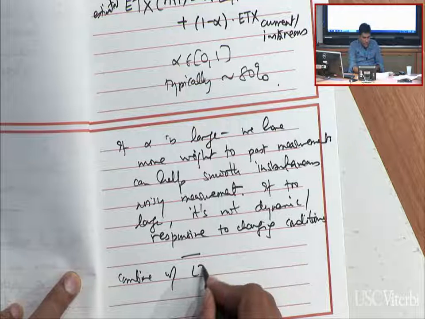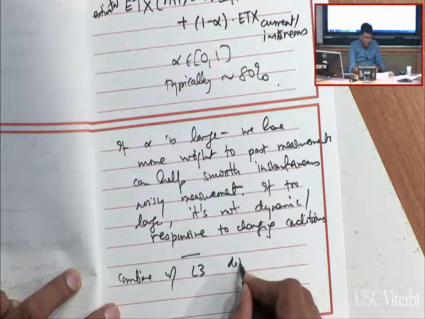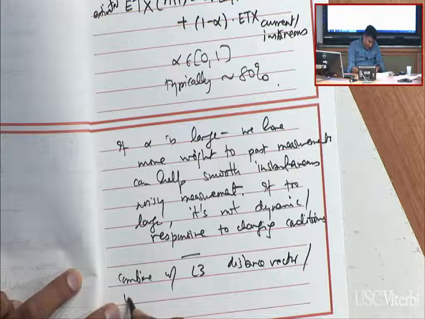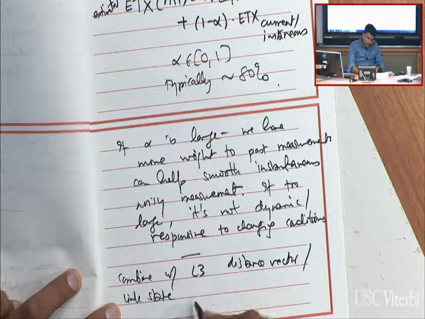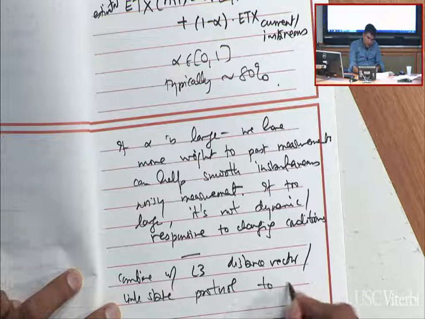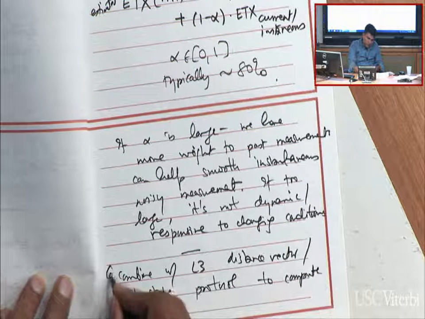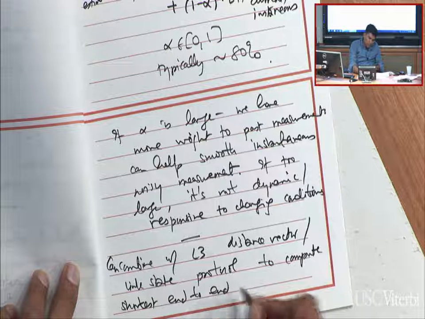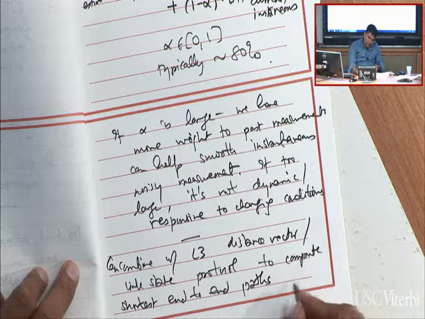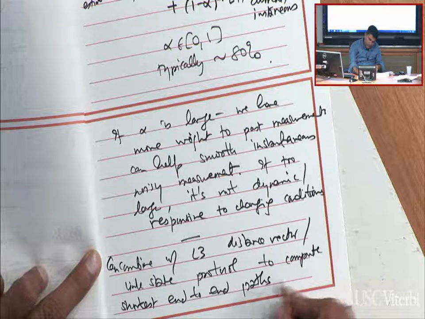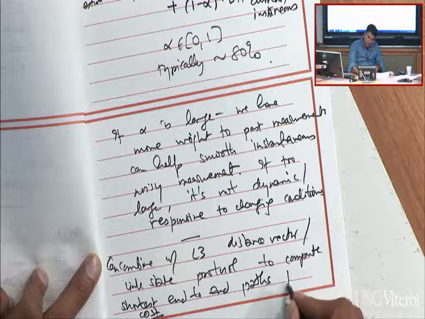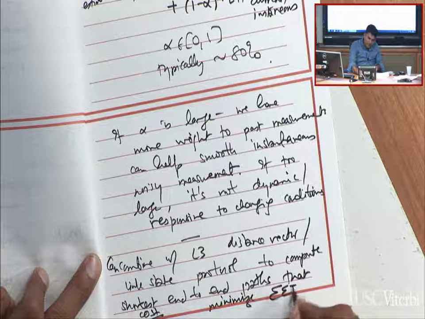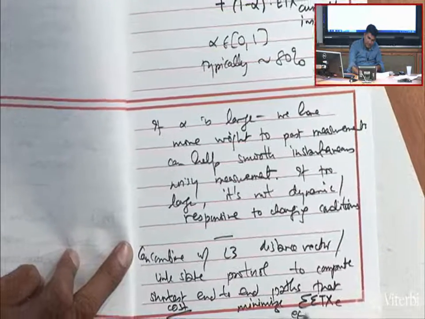So if you combine with a layer 3 distance vector or link state protocol to compute shortest end-to-end paths, shortest cost that minimize the sum of the ETX, let's say E for E in the path, right?